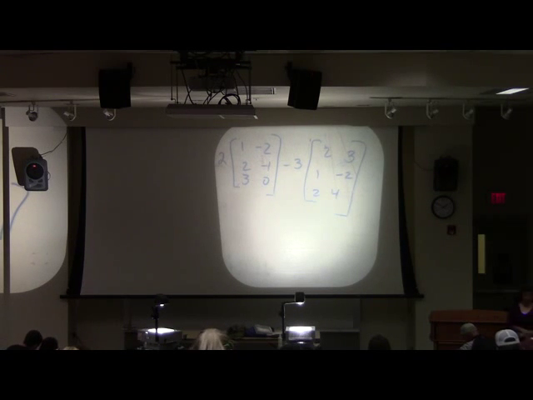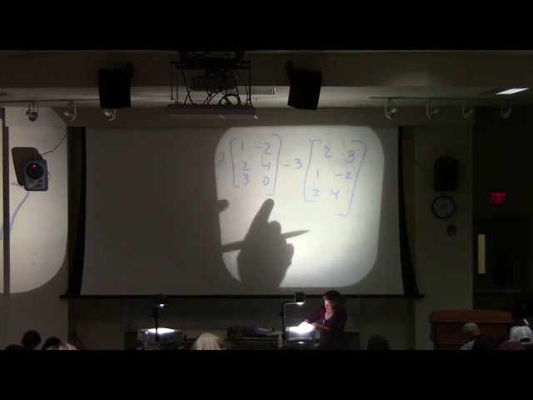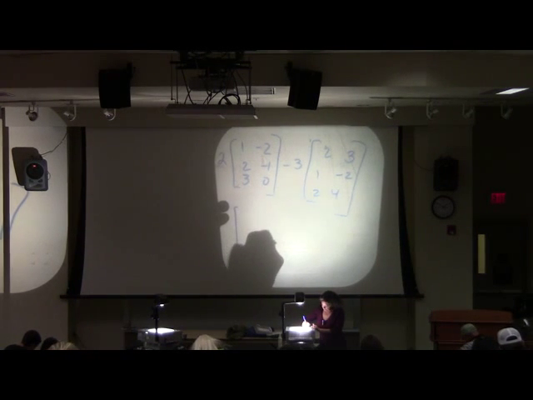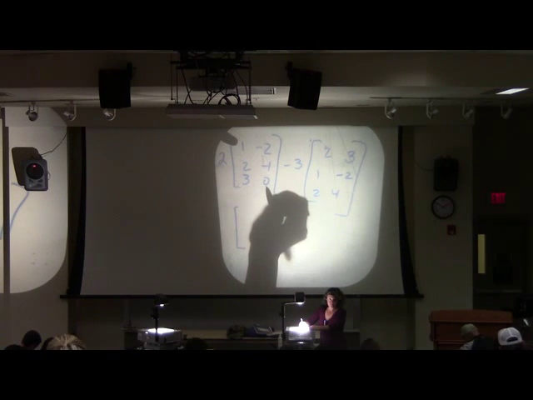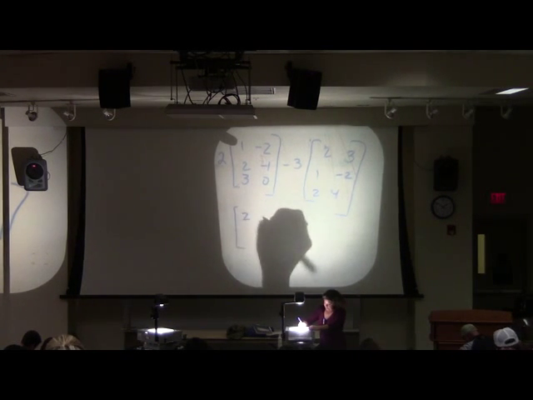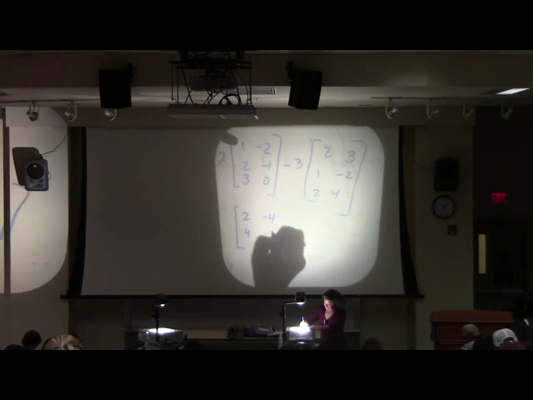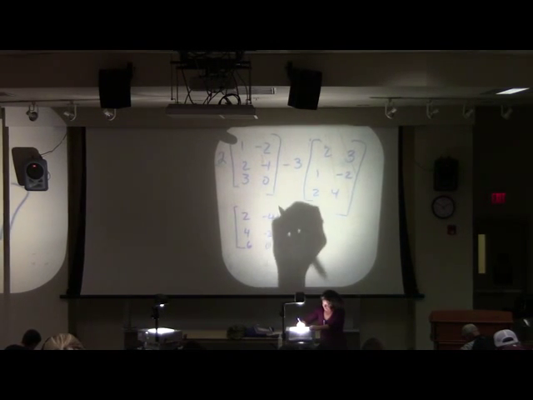Do you agree? Now, I have 2 times this matrix. Do you all agree I would take each entry and multiply it by 2? Do you agree I would have 2, -4, 4, -2, 6, and 0?